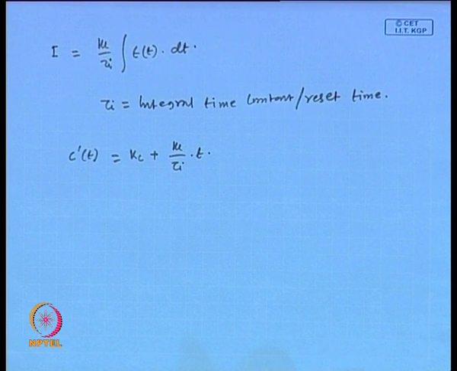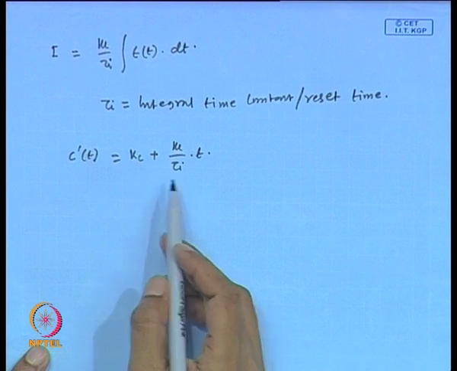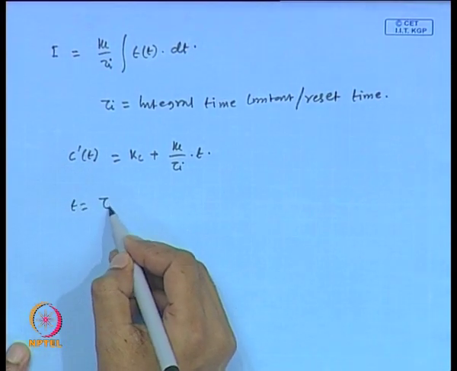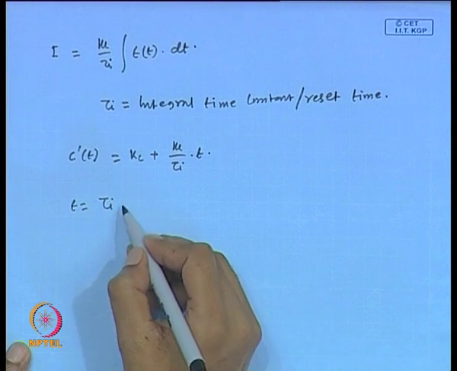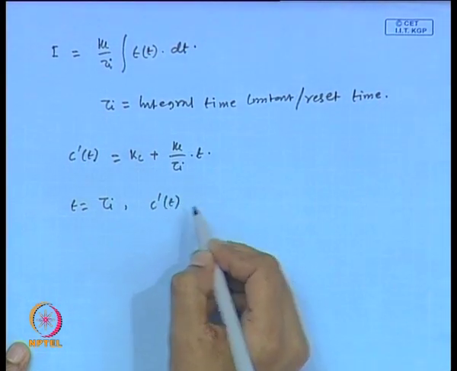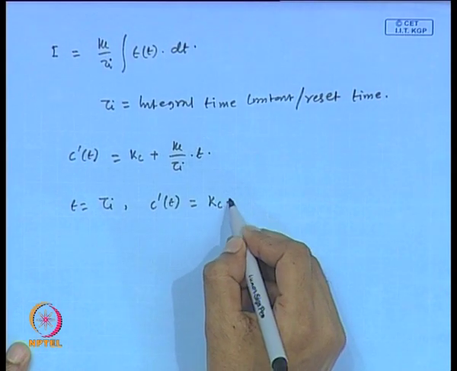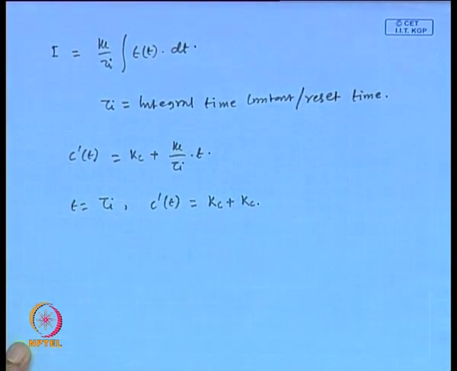Now, if we consider t equals tau I, the controller output yields C prime t equals Kc plus Kc.